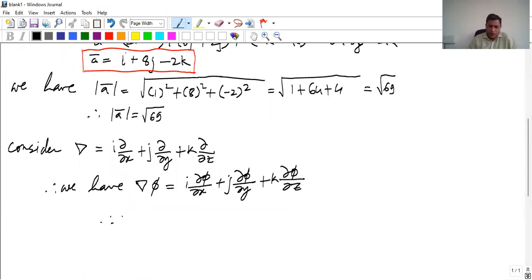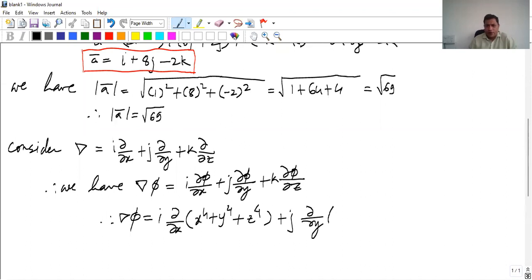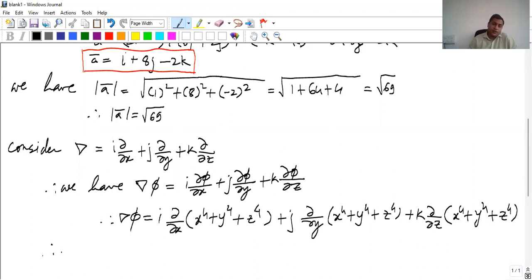So we get here del phi is equal to i ∂/∂x of (x^4 + y^4 + z^4) plus j ∂/∂y of (x^4 + y^4 + z^4) plus k ∂/∂z of (x^4 + y^4 + z^4). Now what will be the derivative of this with respect to x?